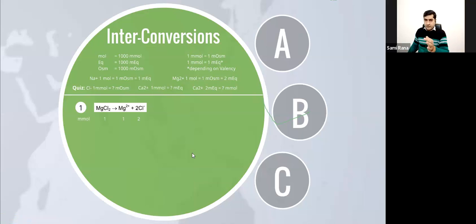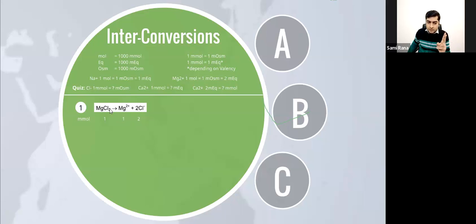If we disintegrate it, this is going to give us 1 millimole of magnesium regardless of the valency, because millimole doesn't take into account the valency. Then 2 chlorides. Why 2 chlorides? Because we have MgCl2. The subscript written here is going to give us 2 atoms of chlorine. So 1 millimole of MgCl2 is going to give us 1 millimole of Mg and 2 millimoles of chlorides.